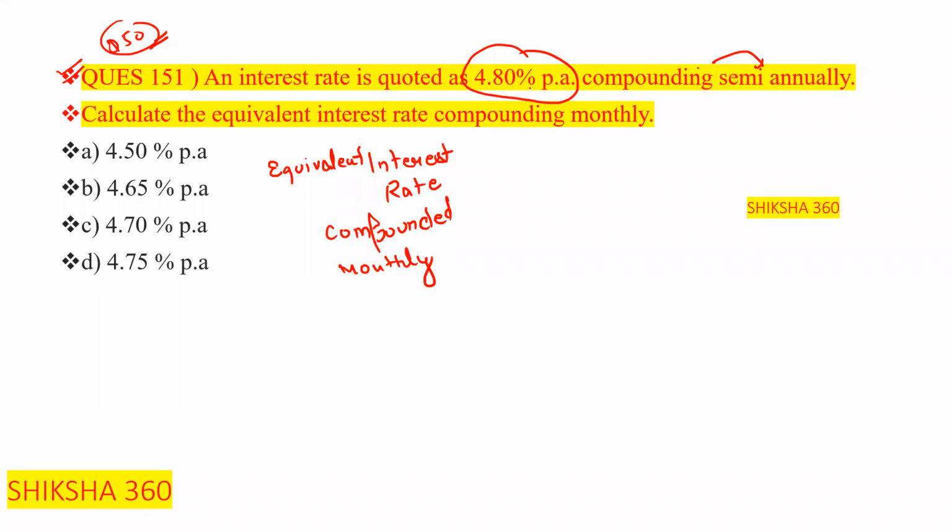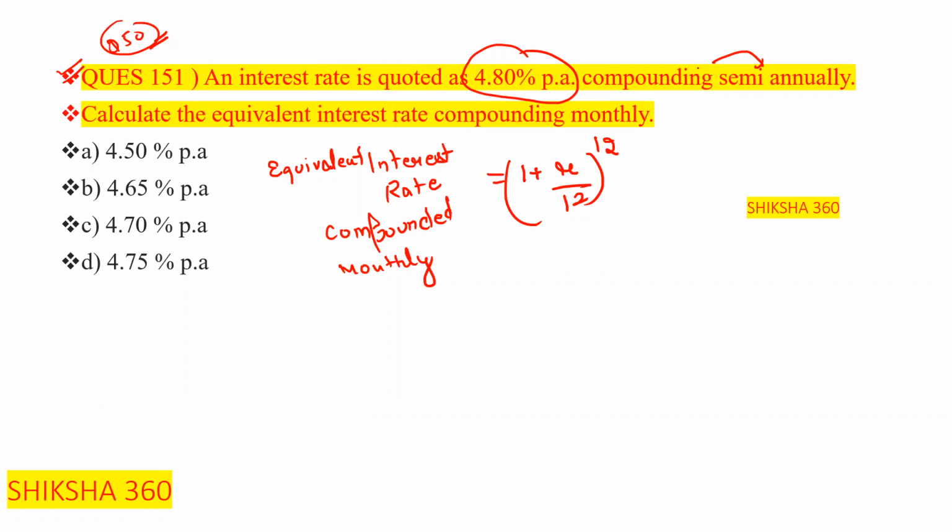So how can we calculate the equivalent interest rate compounded monthly? That is 1 plus r upon 12, power 12.